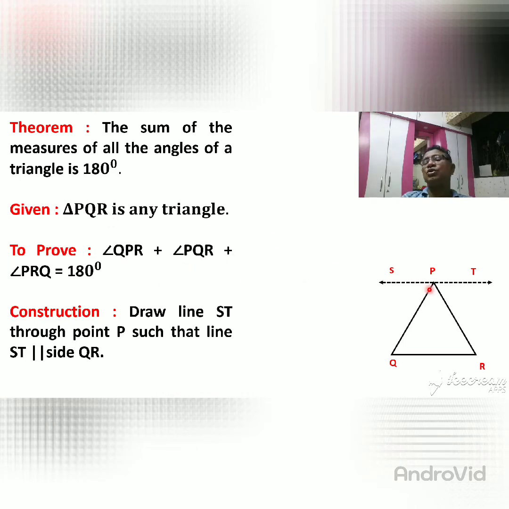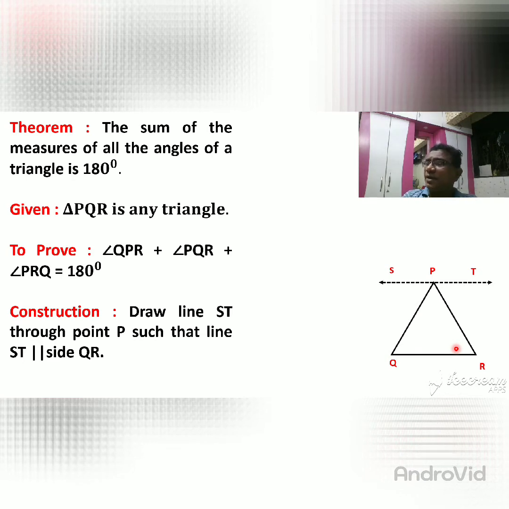This is P, this is Q, and this is R. In that triangle PQR they say angle QPR, this P angle, then angle PQR, this Q angle, then angle PRQ, this R angle. So angle P, angle Q and angle R, the sum is 180 degrees, and that you want to prove.